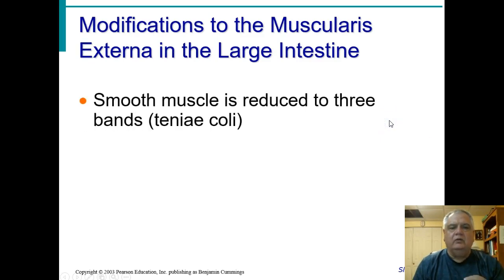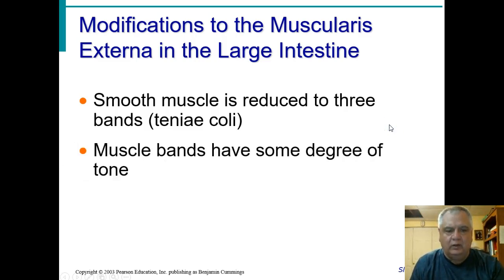All right, so there are some modifications of the muscularis externa of the large intestine that we'll take a look at now. First of all, the smooth muscle is reduced into three bands, and these three bands of smooth muscle tissue are referred to as the teniae coli.